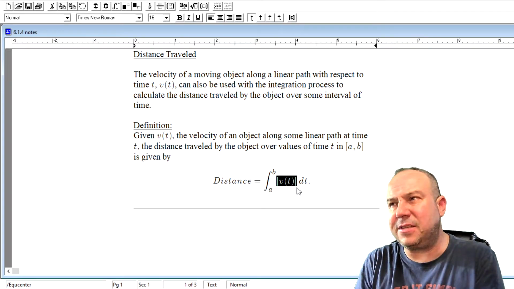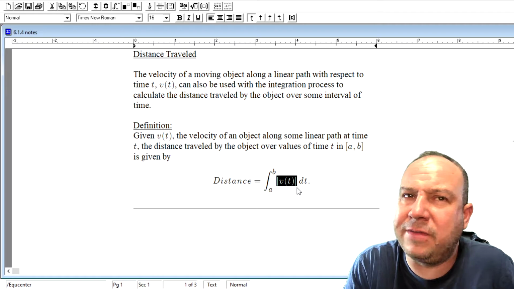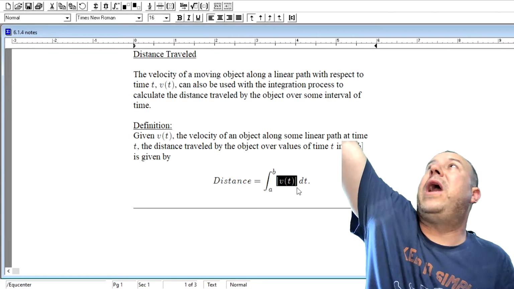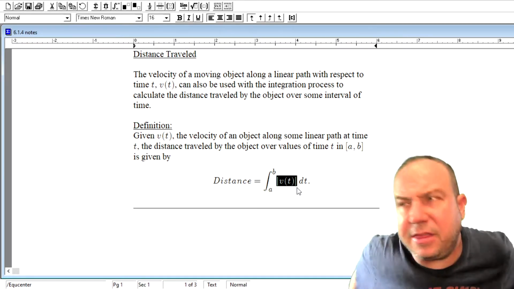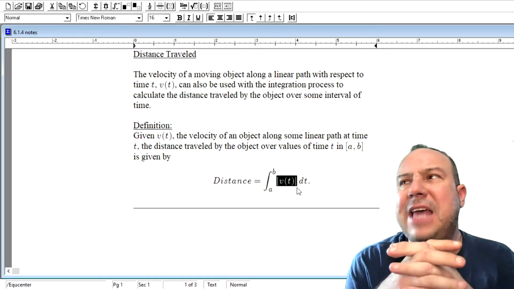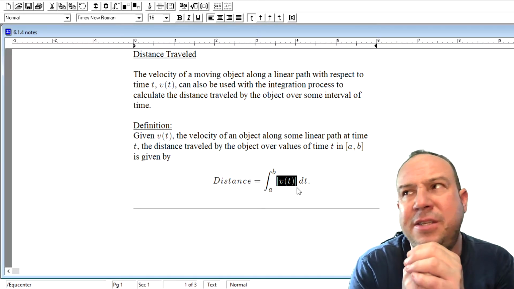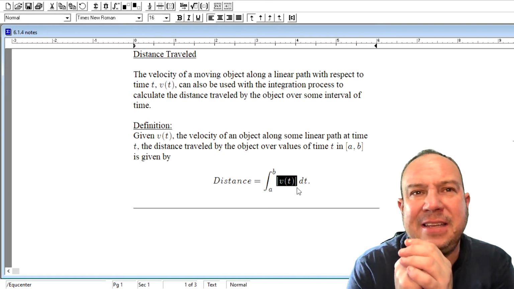Displacement and distance are kind of similar in the sense that you are integrating the velocity function in their calculation. Where they differ slightly with each other is that displacement considers direction of motion in its interpretation and calculation, whereas distance does not.